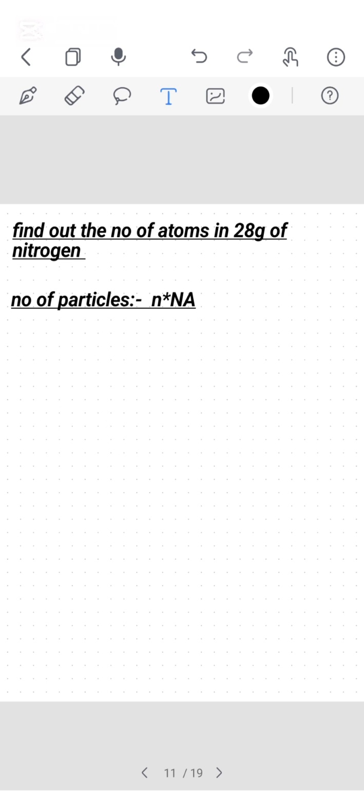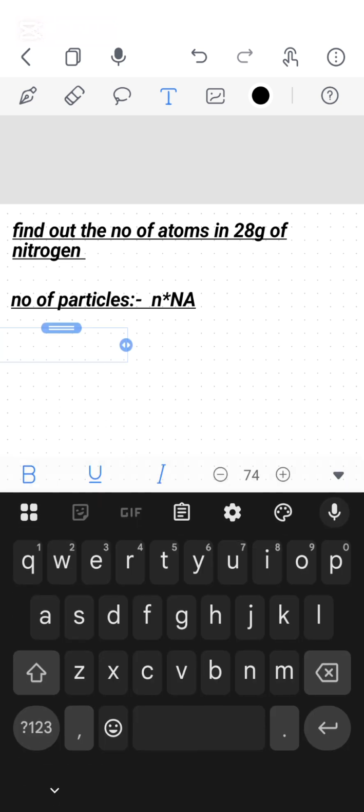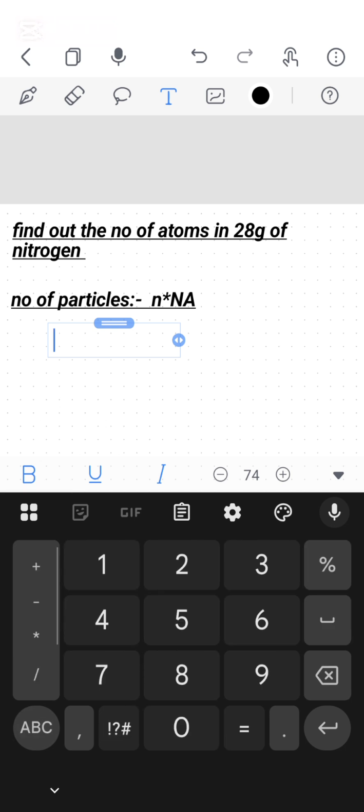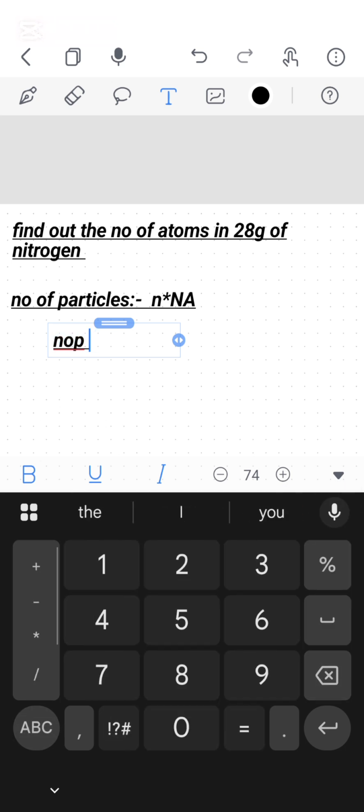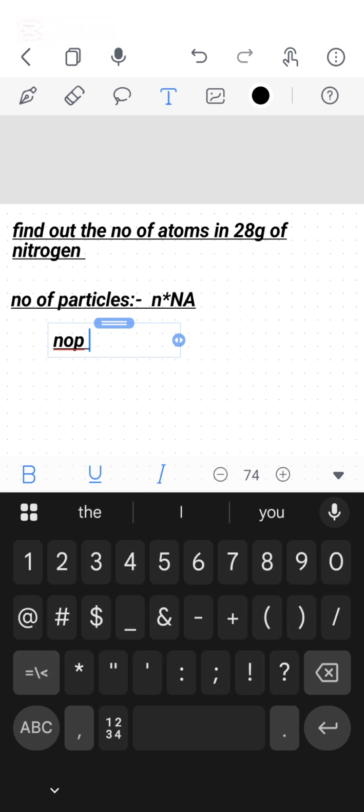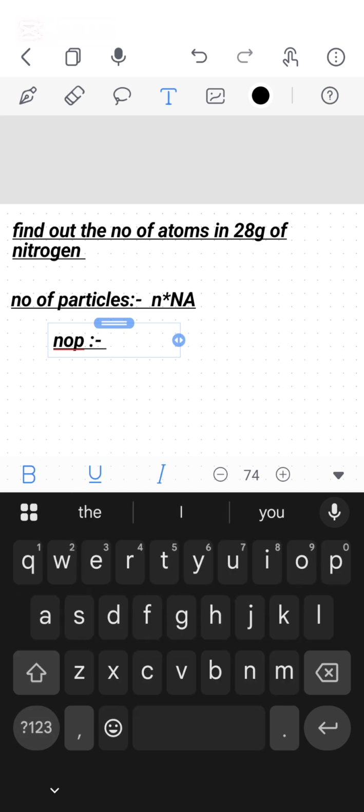So by finding the atoms in 28 gram of nitrogen, firstly we will be writing the mole formula, n is representative of mole. So we will be writing directly NOP, like number of particles, is equal to the mole formula. What was the mole formula?